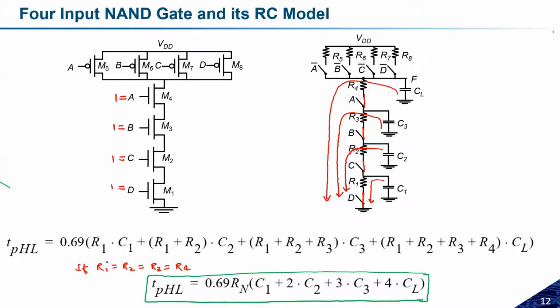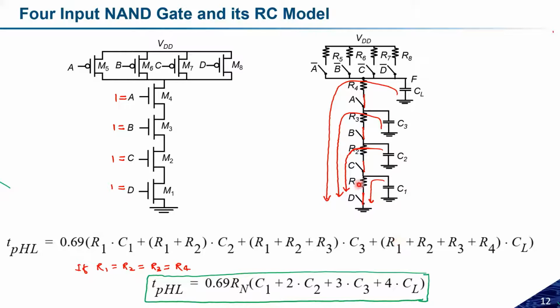Okay, and if you see closely, this R1 appears 4 times. Let me use the highlight pointer. If you see here, R1 was part of C1 discharging, R1 was also part of the C2 discharging, R1 was in the part to discharge C3, and similarly to discharge C4.